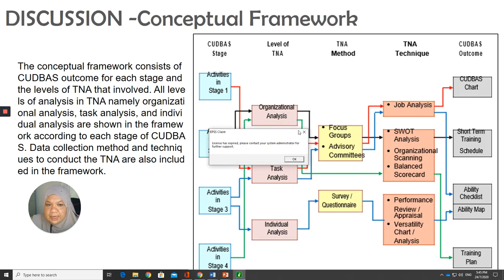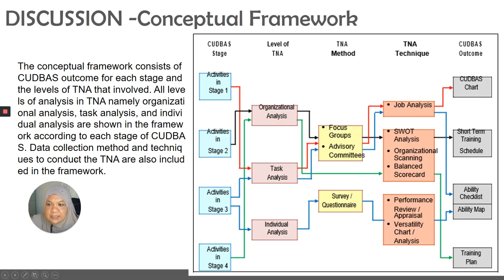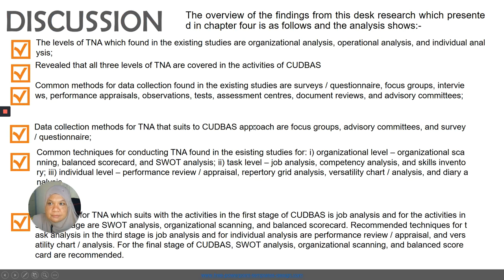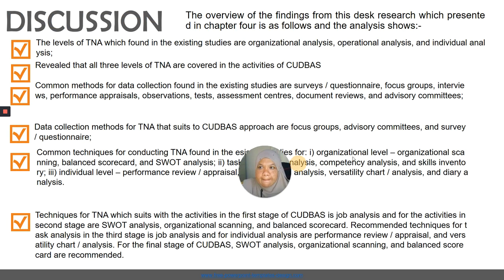Okay, then data collection method and technique to conduct TNA are also included in the framework. So we can see from the framework how the Cudbas stage is mapped, or how the Cudbas stage plays the role in the TNA session.